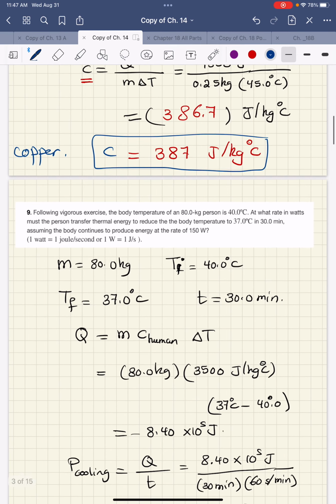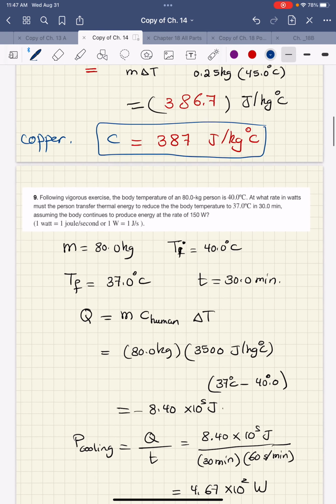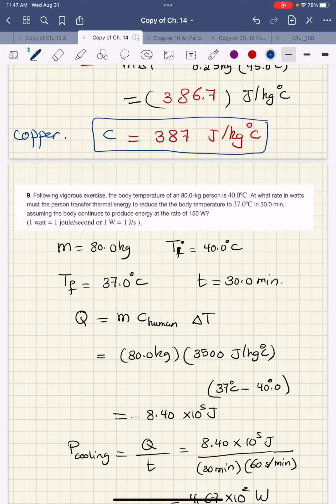Here is another example, about exercising and how the temperature of our bodies increases, so we need a mechanism to emit this heat again so that we can live healthy. Following vigorous exercise, the body temperature of an 80 kilogram person is 40 degrees Celsius.